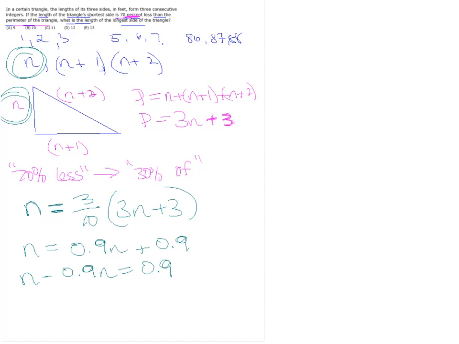The reason I did that is because we're going to solve for n here, and n minus 9/10 of n is 1/10 of n, which is equal to 0.9. So n here is equal to 9. You didn't have to solve it the way I did. Most of the time I actually don't use decimals, just at the moment I like writing the decimals out. You could use fractions. You could have done a lot of different techniques here, whatever makes sense for you. But we see n is equal to 9.